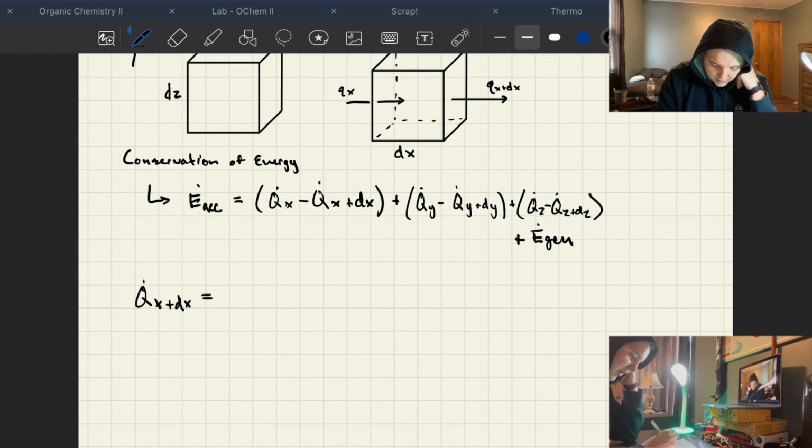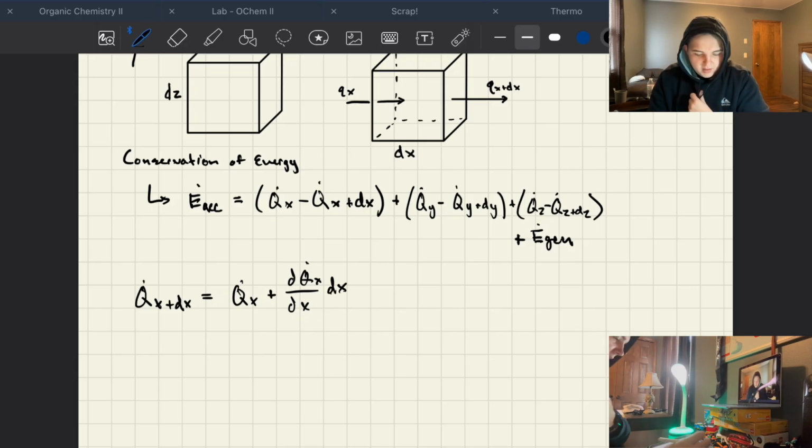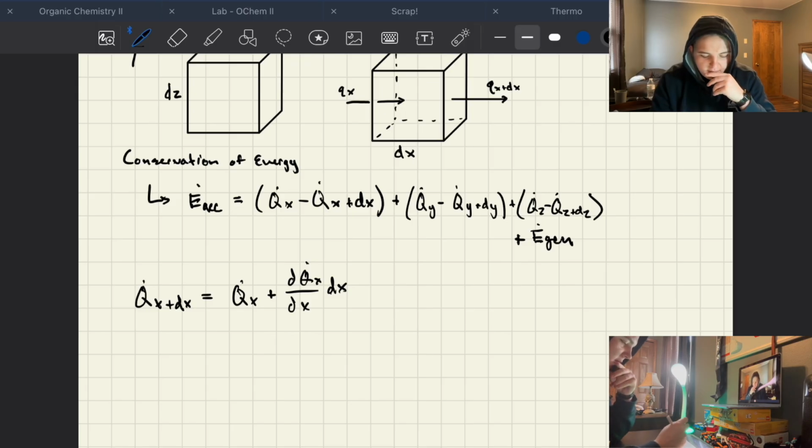Once we get an expansion, we're going to get qx plus differential qx over differential x, dx, and that's what we're going to get.